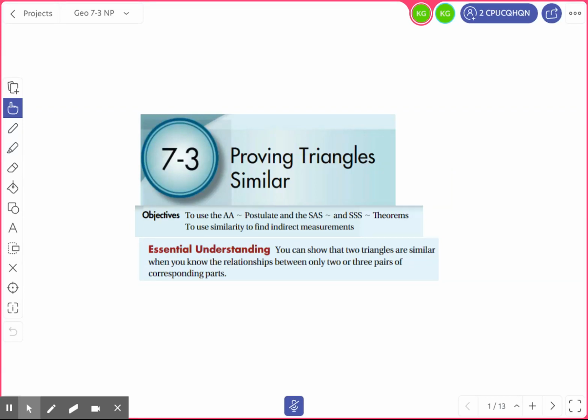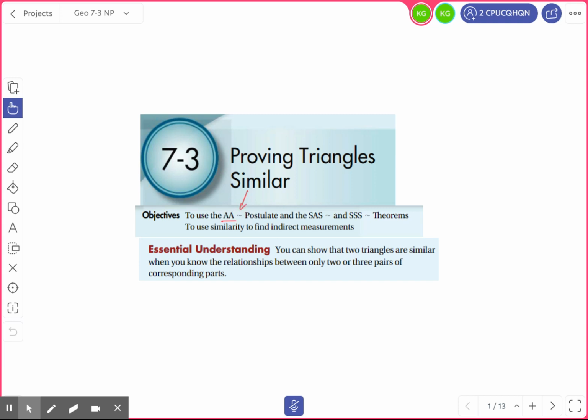All right. Hello and welcome to Chapter 7, Section 3, Proving Triangles Similar. We're going to learn to use the AA, angle-angle similarity. By the way, that little tilde means similarity.